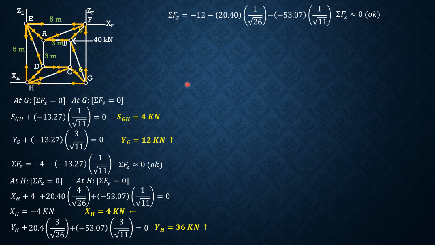Then along Y, summation forces Y equals 36 at E, negative 24 at F, then 12 at G, then at H, 36. Then because there is a downward load at D, which is 60, so minus 60. So summing up forces Y gives us a result of 0. So that's okay. So we have already found the forces as well as the component reactions.